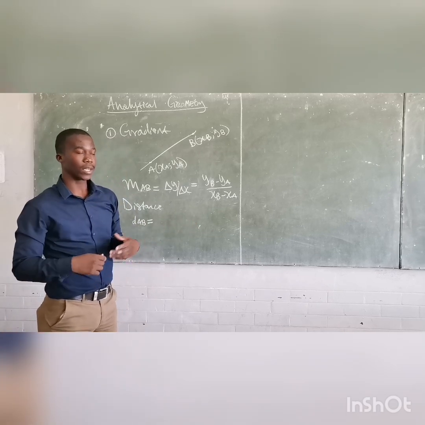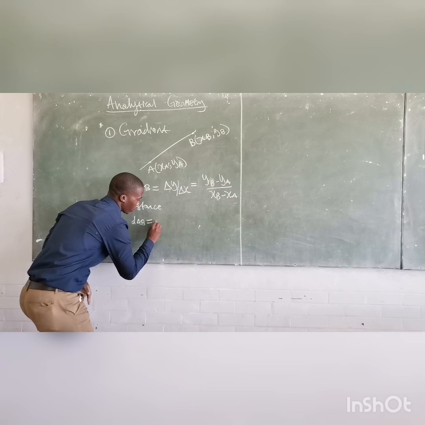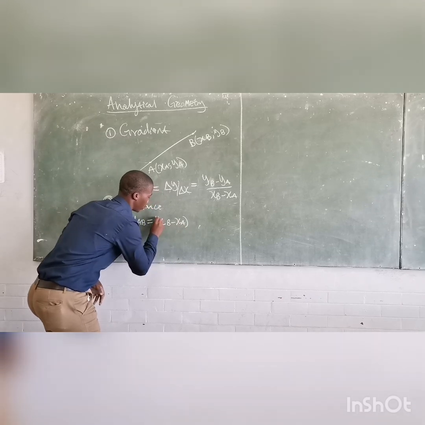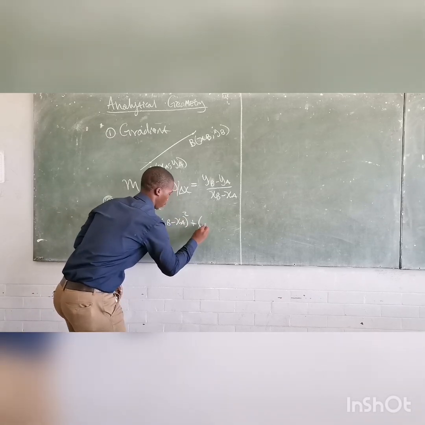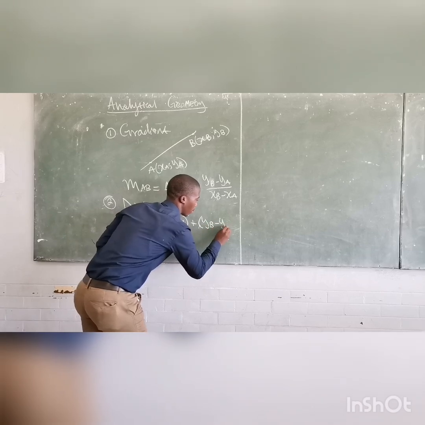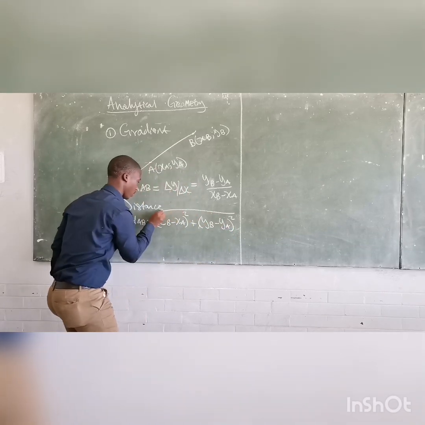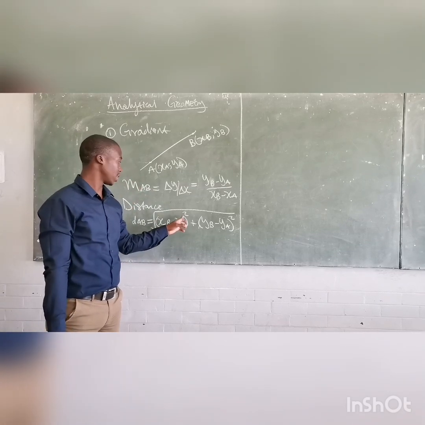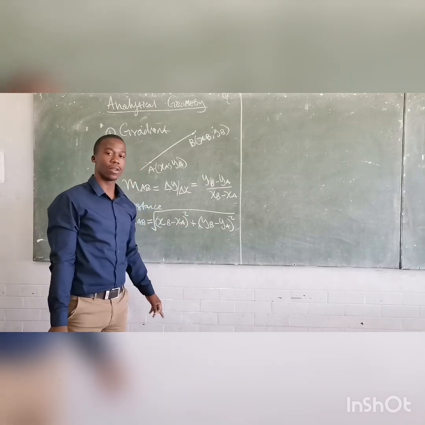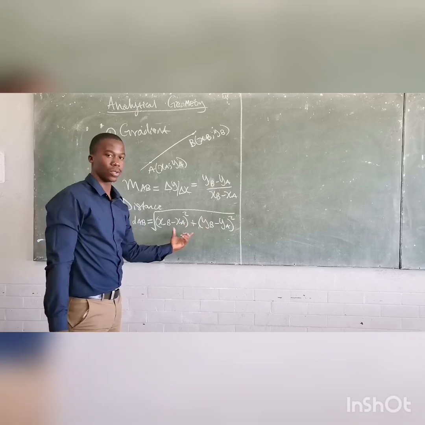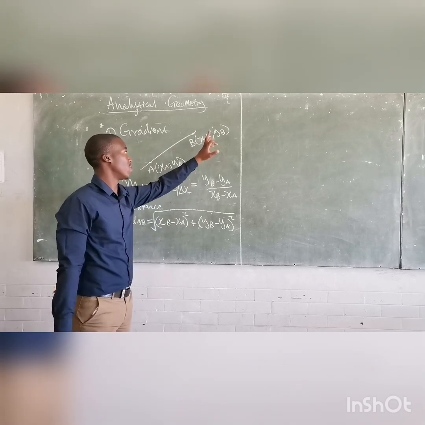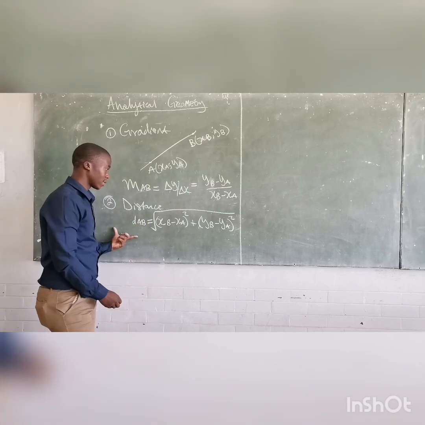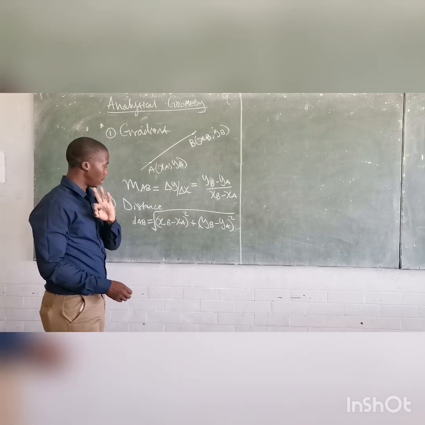So here's the formula for a distance. Distance AB is basically the square root of xB minus xA all squared plus yB minus yA all squared. Then all you have to do is just substitute in the values xA, xB, yA and yB.